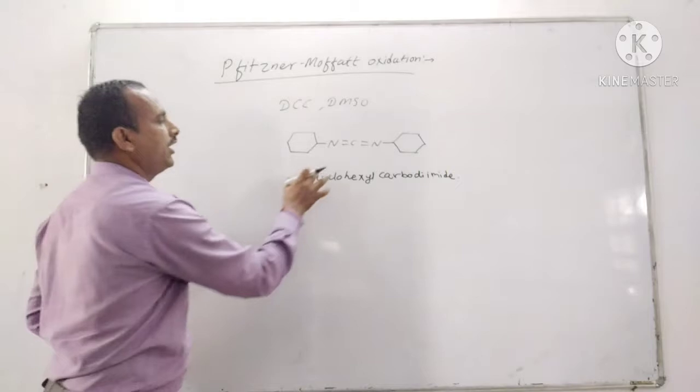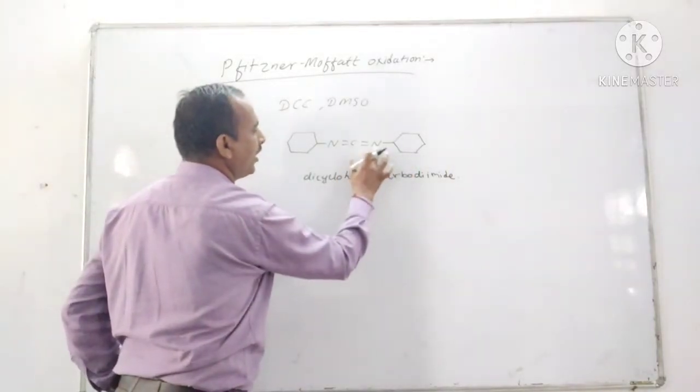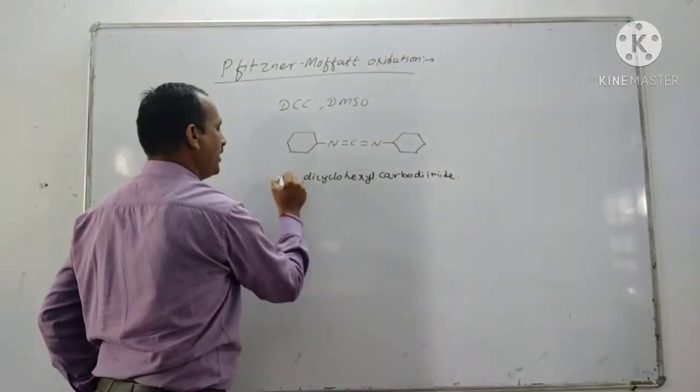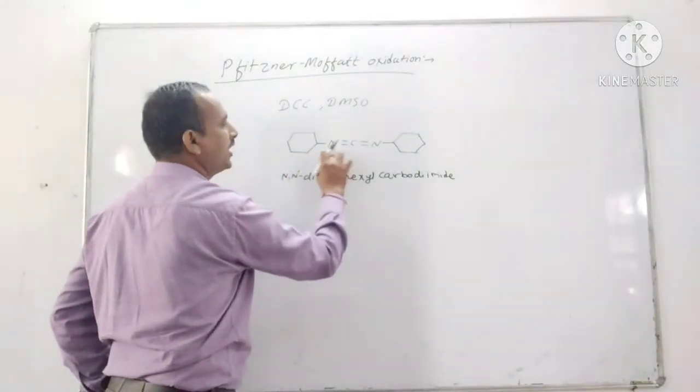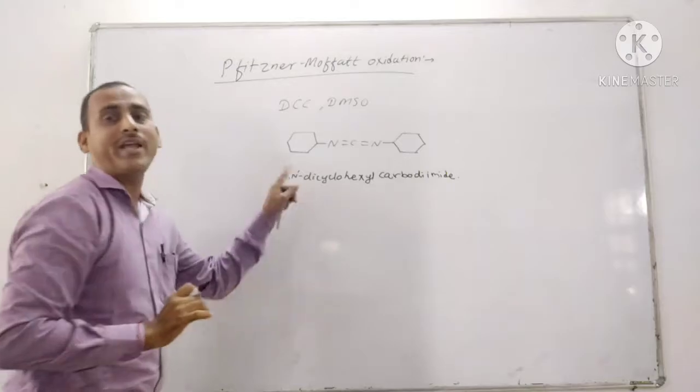Now, the cyclohexyl ring is present on one nitrogen, and here also on the other nitrogen, therefore it is N,N'-dicyclohexyl, because these are two different nitrogens, therefore N dash.